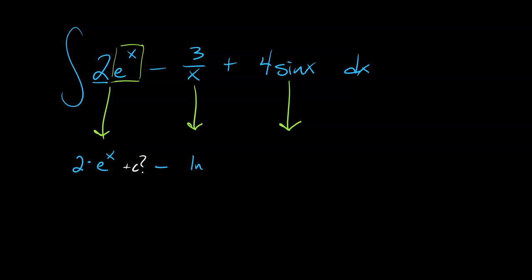Okay, so the 3 on the top is the same thing as saying 3 times 1 over x. So the integral of 1 over x is ln of absolute value of x. The 3 that was on the top would go in the front as a multiplier. So very good. The fact that we haven't even talked about these at all is pretty good that you just figured out ln out of it though.